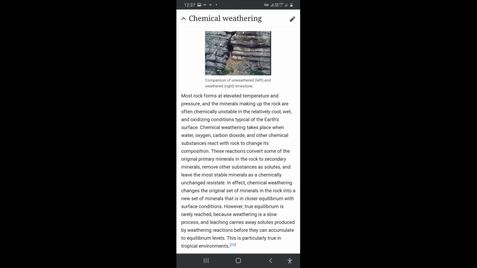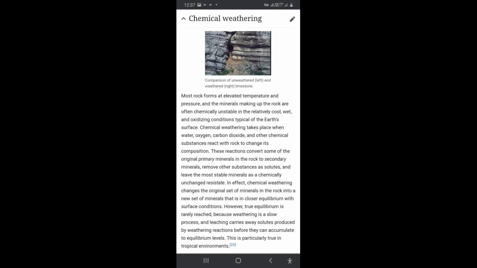For example, weathering of orthoclase. Orthoclase is a mineral whose main element is potassium, and its arrangement makes it orthoclase. Those things you will learn later.